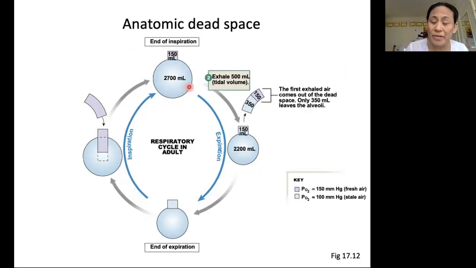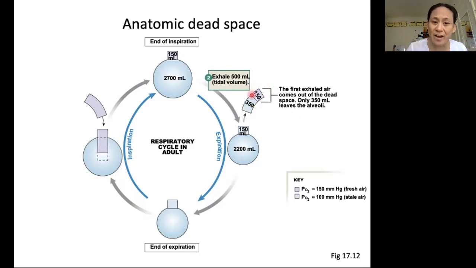Moving on to our next step, let's see what happens when we exhale. When we exhale, we're going to assume a normal tidal volume of 500 milliliters. Look at what happens here. The first air that gets exhaled is the air that was trapped in our airways up here. This is air that never participated in gas exchange.